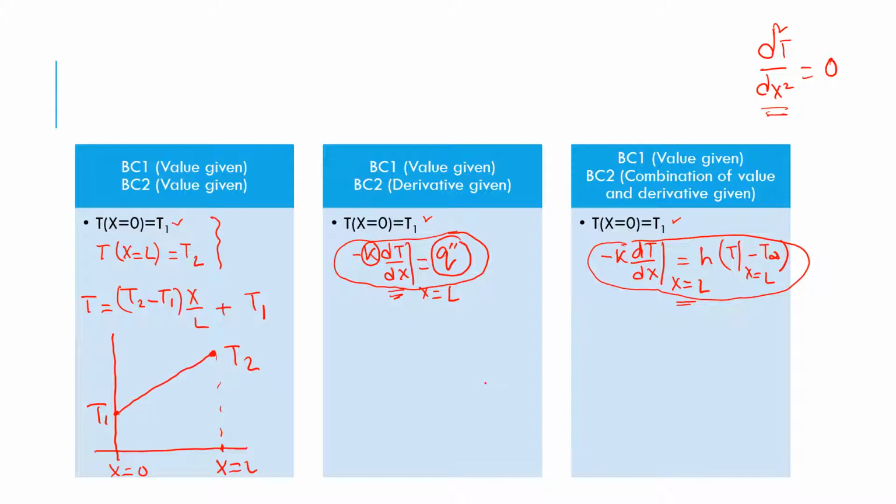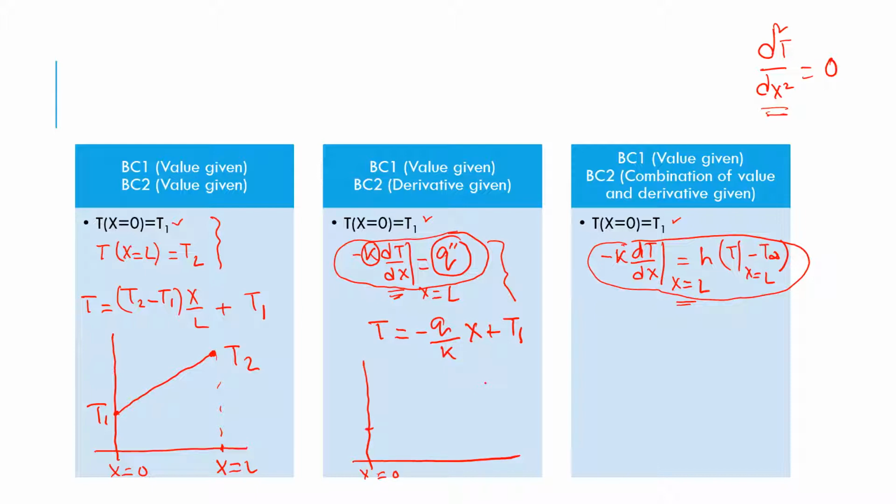In the second case, the solution you can really do very easily in a few steps, plus T1. If we plot this, this is x equal to 0.